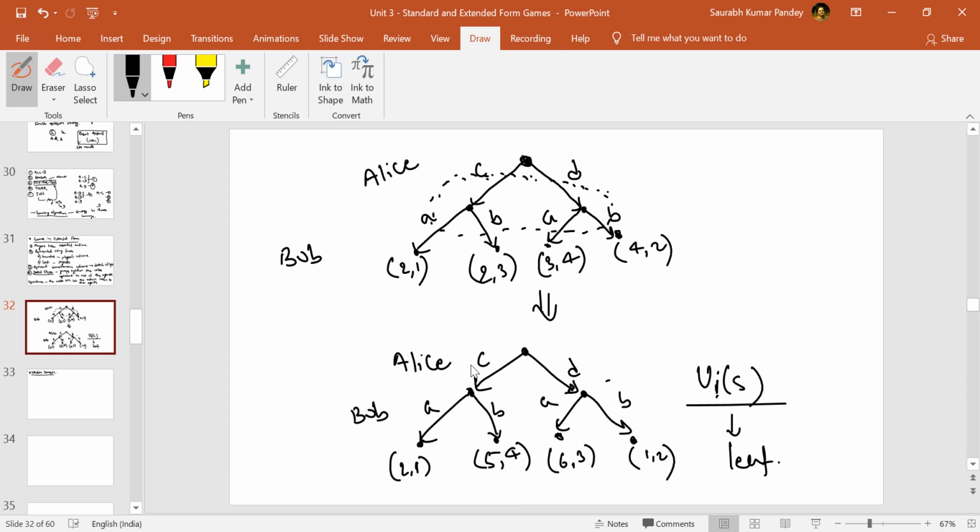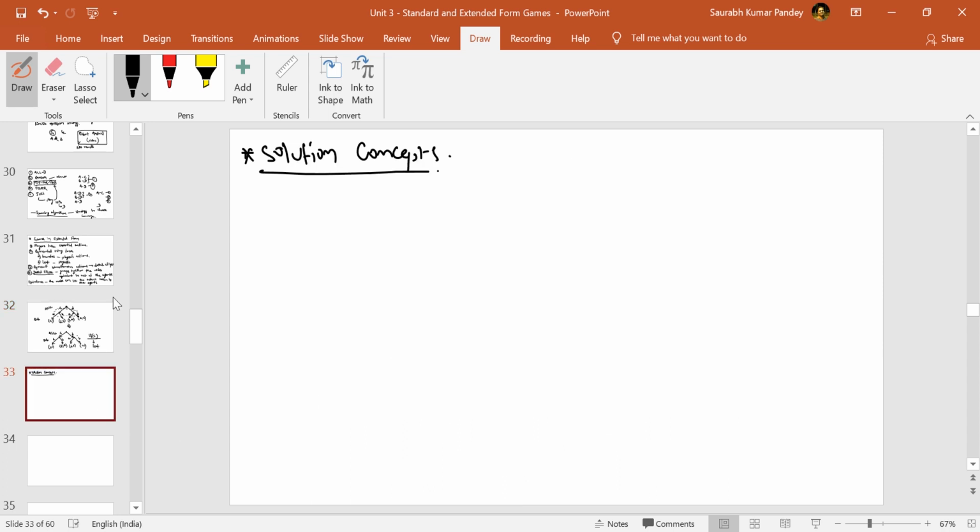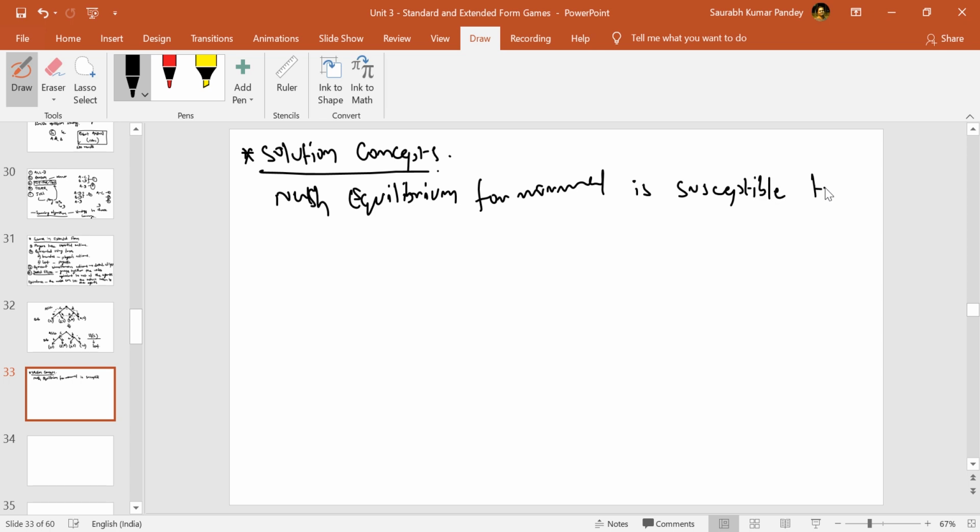We can say that your Nash equilibrium for normal form is susceptible to noise. That is one of the limitations of Nash equilibrium, right?